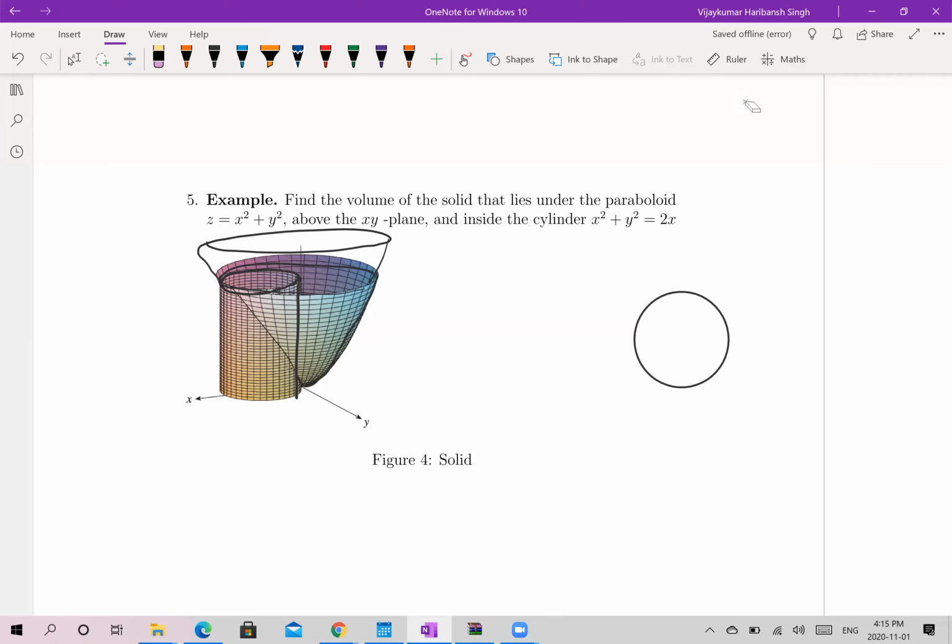So let me get the cylinder first properly. This can be written as x square minus 2x plus y square equals 0. And if you add 1 on both sides, you get x minus 1 square plus y square equals 1. So the footprint in the xy plane will be of the following form.